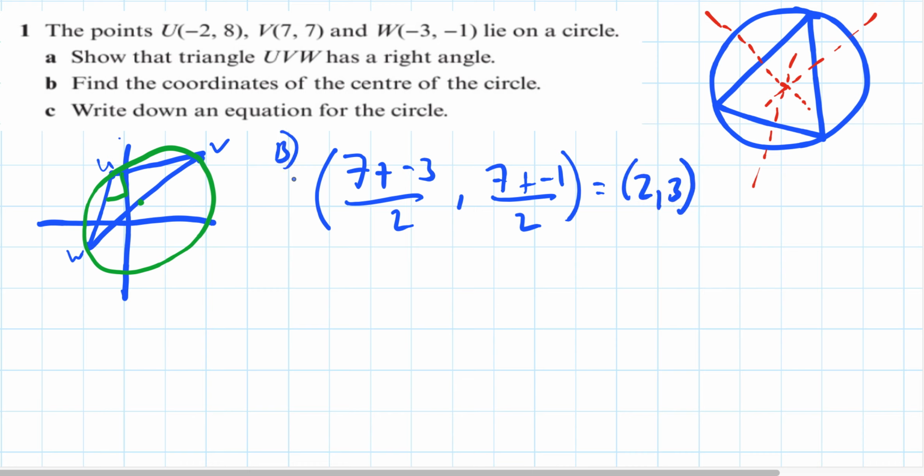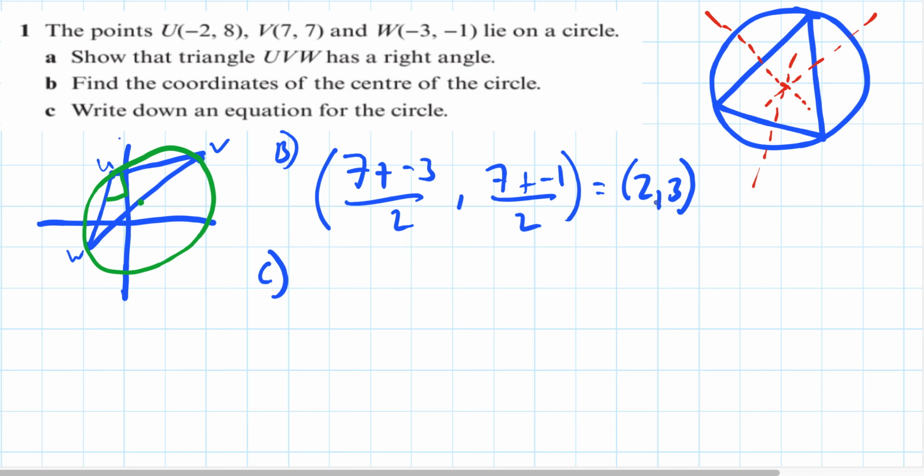So that's B done. And for C, we're going to write down the equation of the circle. So we've got the midpoint, so that's x minus 2 and y minus 3. That is done, so we just need to work out the radius now.